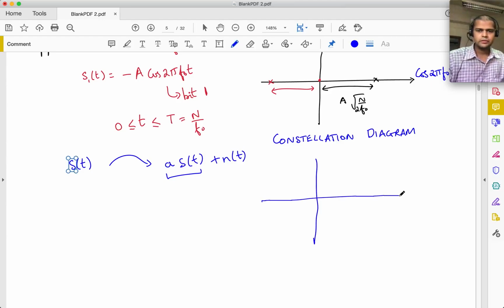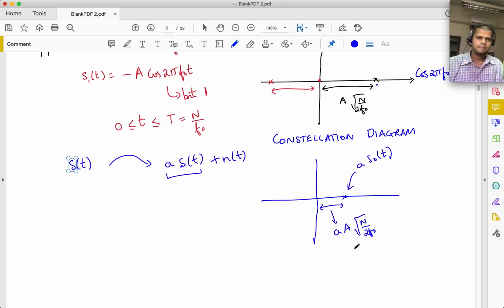At the receiver, suppose I transmit this signal, and let's say this corresponds to S0 of t. So what is this distance going to be? Well, it's this same distance multiplied by small a. So a times a root n by 2f0.